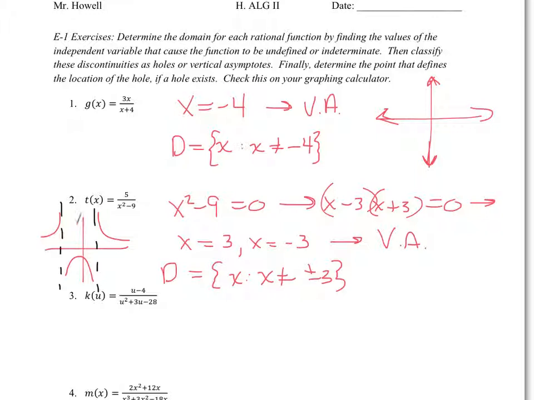Is that what number 2 looks like, by the way? Yeah. What does number 1 look like? I know there's a vertical asymptote at -4. Is it decreasing on the left, like that? Decreasing, thank you.